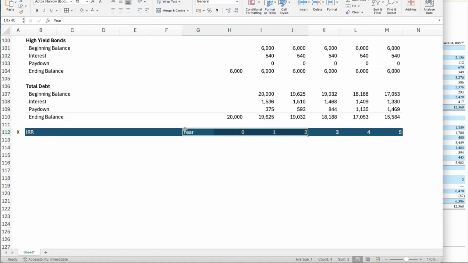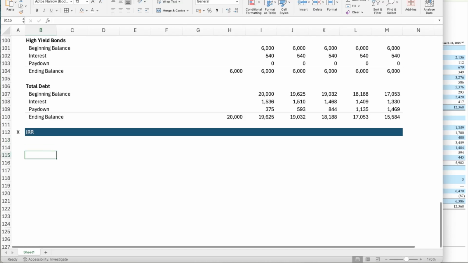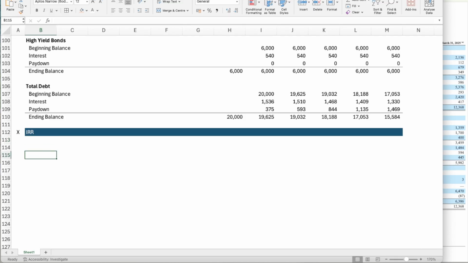We don't need any of this. What we want to put: last 12 months EBITDA at exit, multiple, enterprise value, net debt, sponsor equity value.